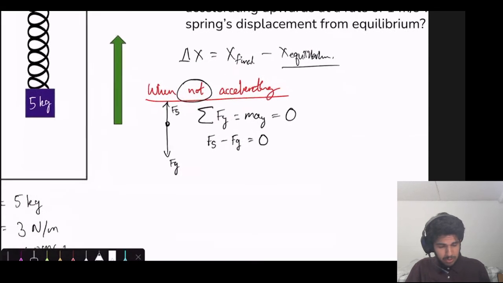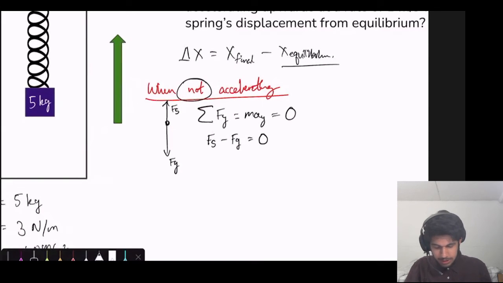Wonderful. So we can do some substitution here. We get k times x, let me put x equilibrium, x_eq, minus mg is equal to 0.